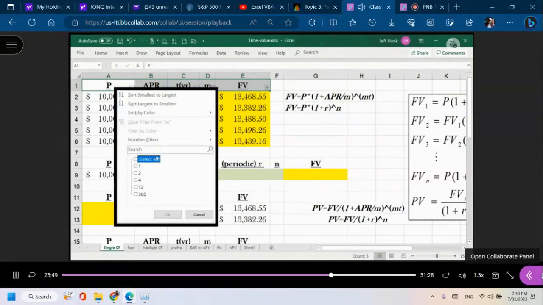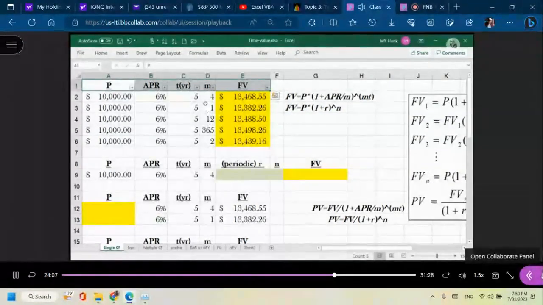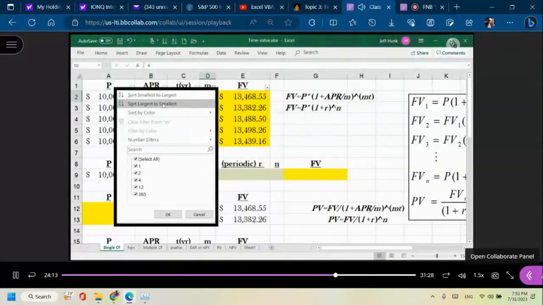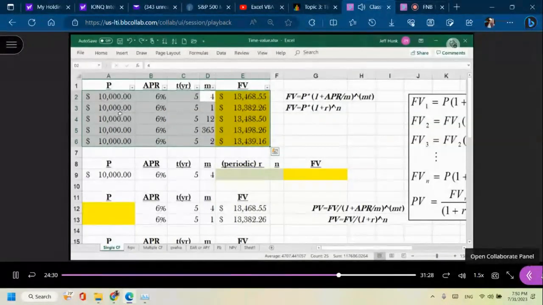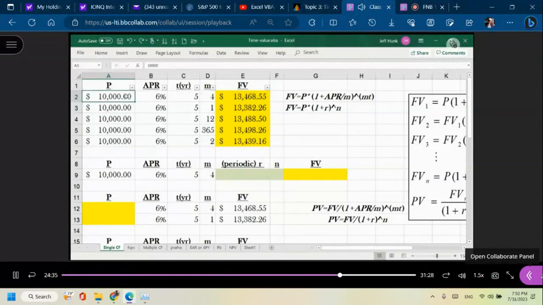Okay, and then sort by. Oh, I see. The reason this is happening is because if I sort it, then because of these equal signs, so let me. So let's see if I do it like this.